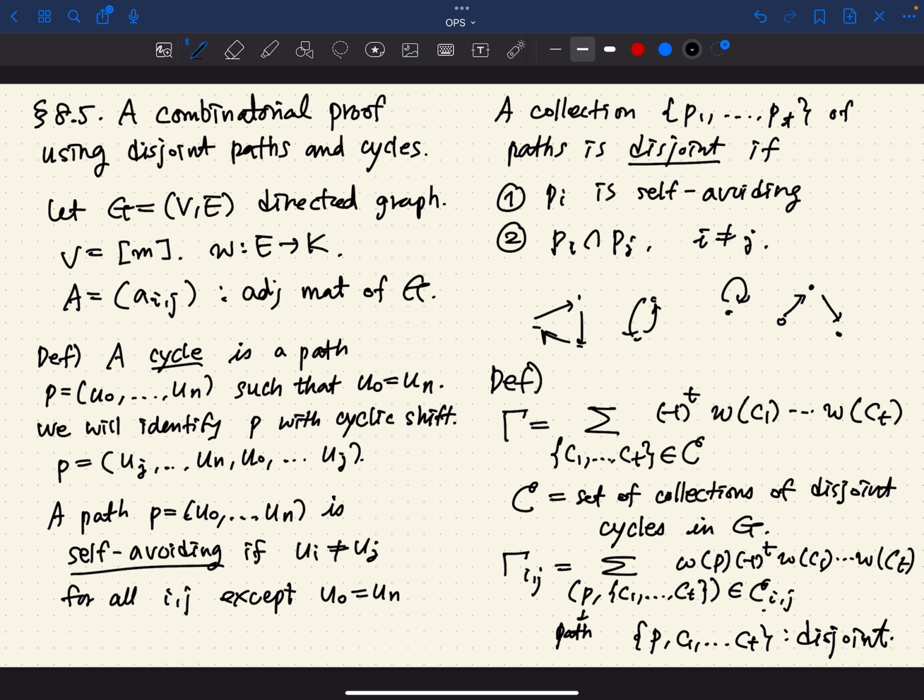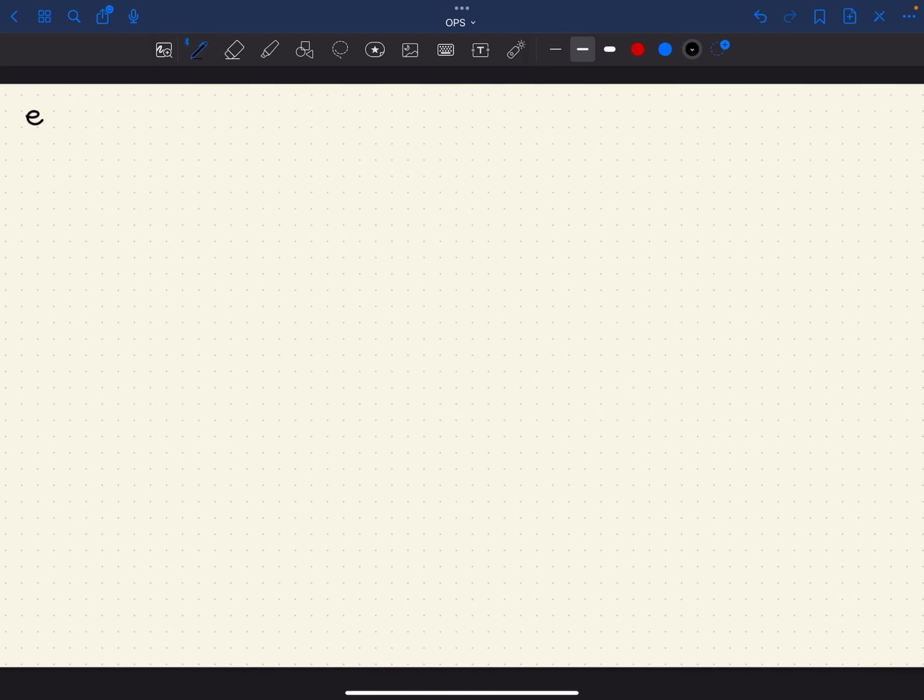Let me give you an example. So instead of giving you just a precise or concrete example, I'm going to give you just a rough idea. So gamma has elements like this, maybe 1, 2, 3, 4, 5, something like that.